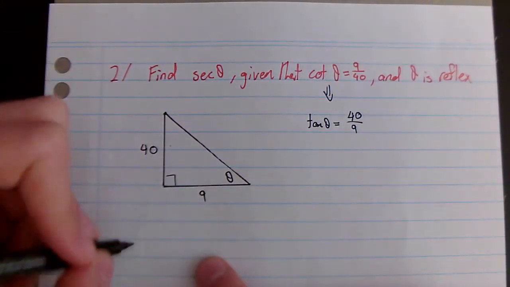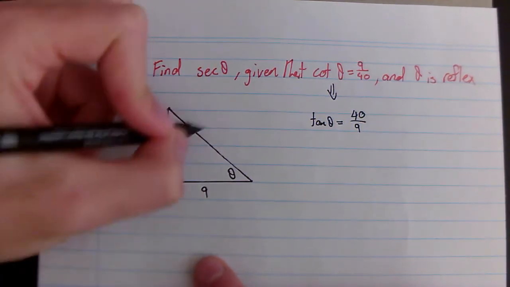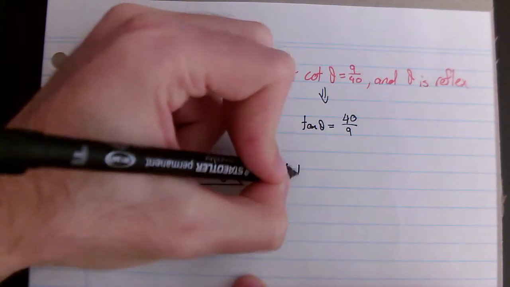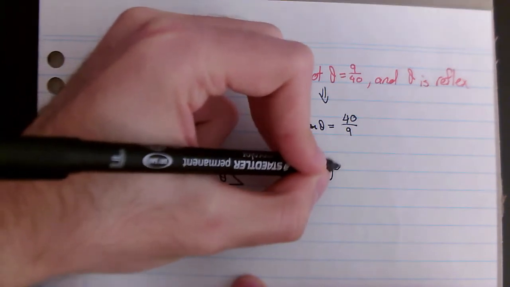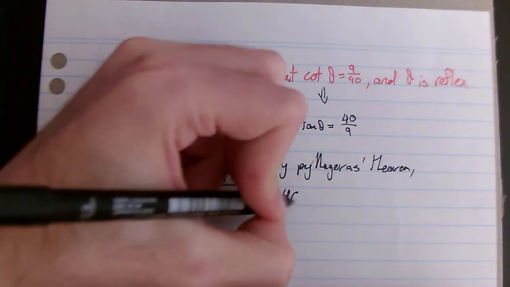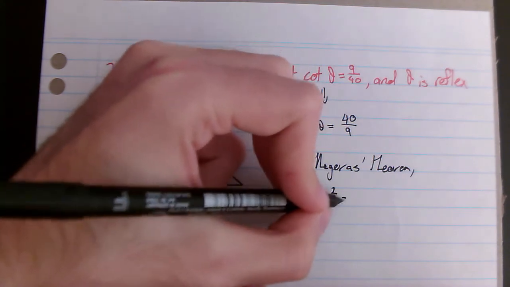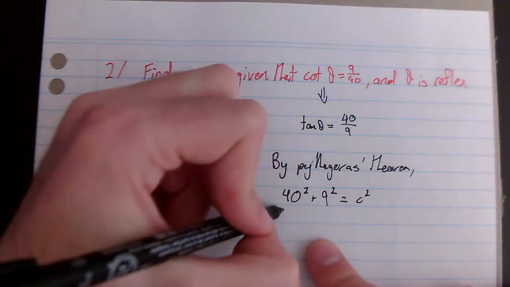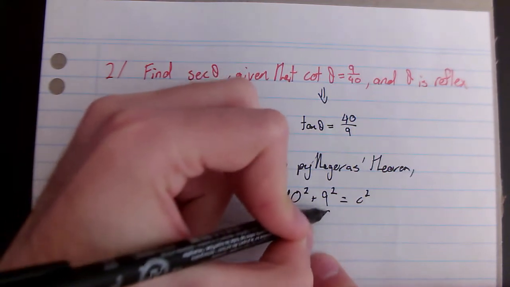Yet again, by Pythagoras' theorem, we solve for the hypotenuse here. We know that 40 squared plus 9 squared is equal to our hypotenuse squared, so let's call it c squared. 40 squared is equal to 1600, and 9 squared is 81.